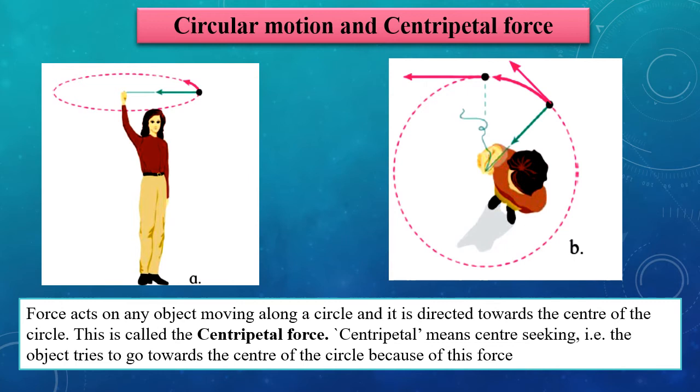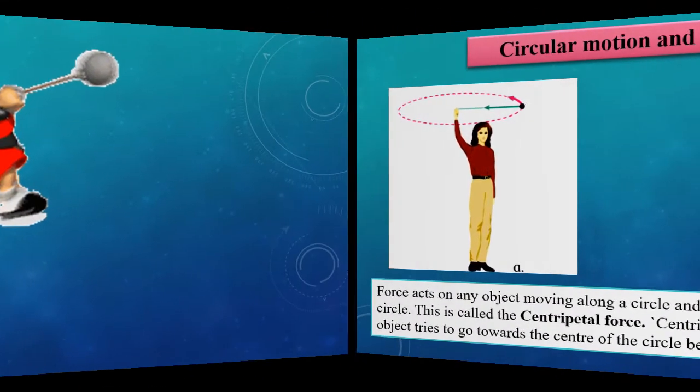The word centripetal means center seeking, meaning it will be seeking the center and trying to move in that circular motion only. The object tries to go towards the center of the circle because of this force, and this force which is helping to move the stone is called the centripetal force.